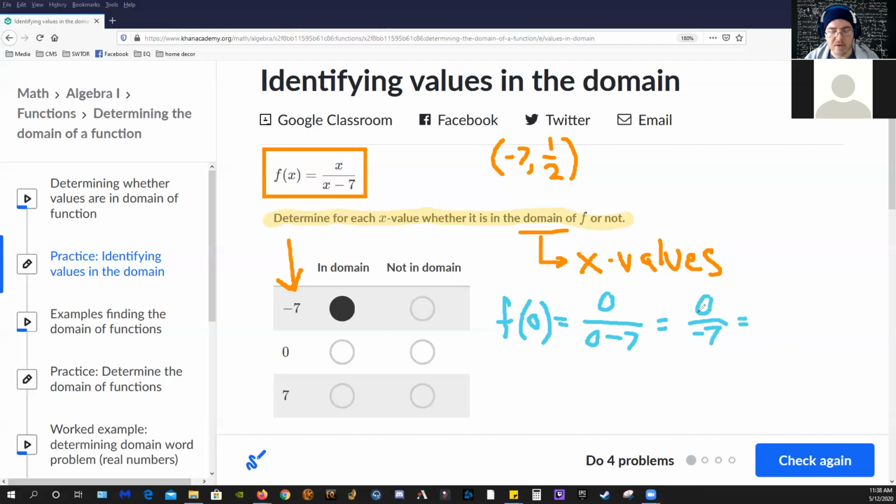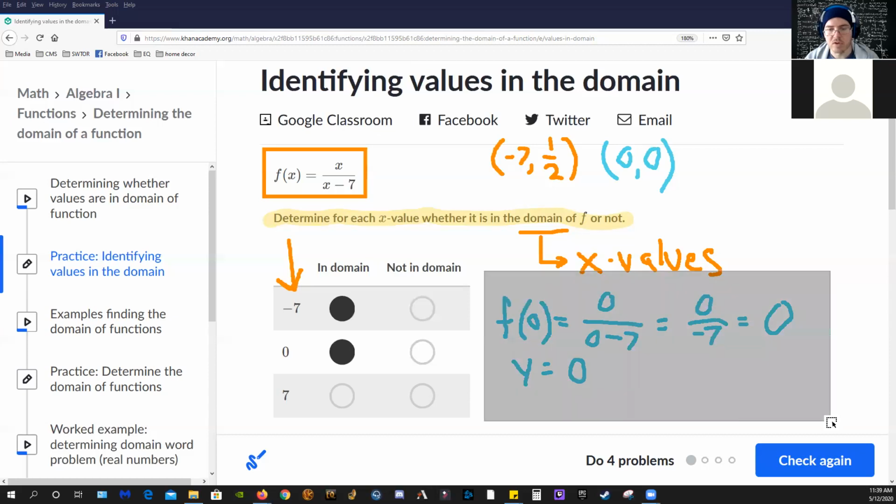And 0 divided by anything is 0. So y would equal 0. What we just learned is that when this function is at 0 for the x value, it's also at 0 for the y value, which is fine. 0 is not a weird answer. Zero is just a number, guys.